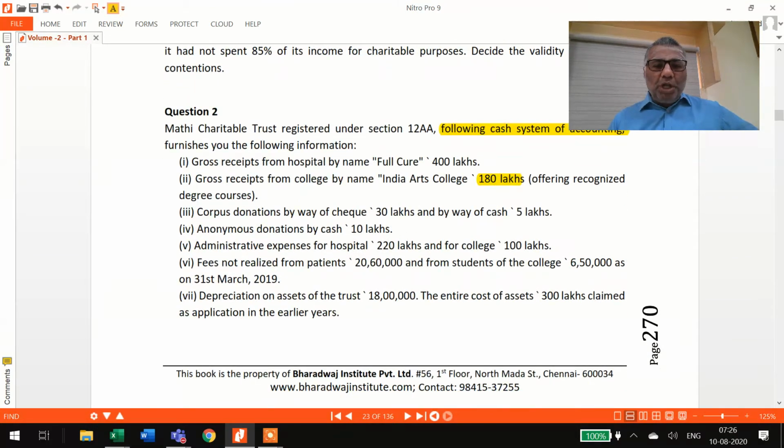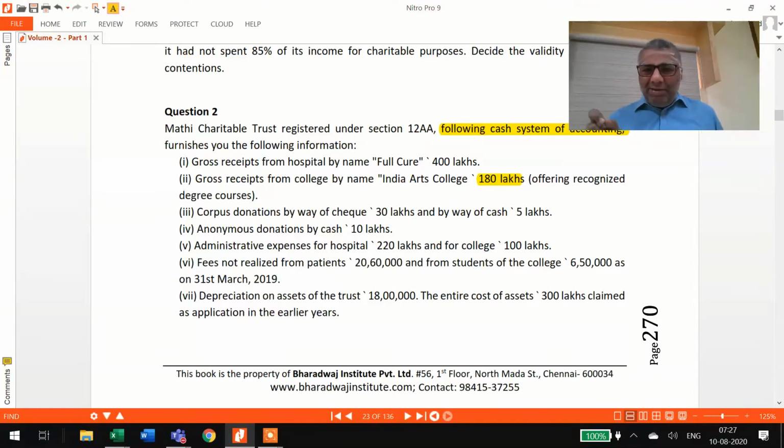Anonymous donation 10 lakhs. The administrative expenses for hospital 220 and for college 100. Fees not yet realized from patients 20,60,000 and from students 6,50,000. Both these things will not form part of this 400 and 180.